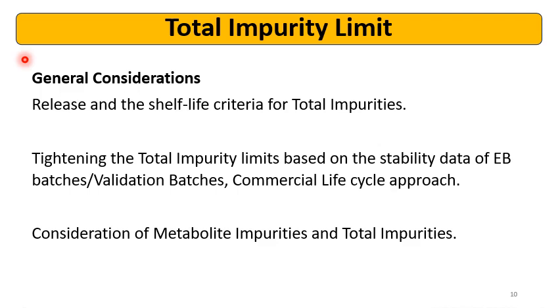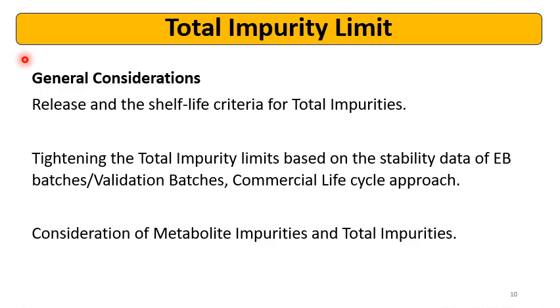For example, your assay limit is 95 to 105 and the total impurity limit is 4%. So there are fewer chances for an effect on the potency. Now if this total impurity of 4% contains 2% of the metabolite impurity and the other 2% contains the summation of known and unknown impurities, it will also not affect. So these are taken on a case by case basis and differ product to product.